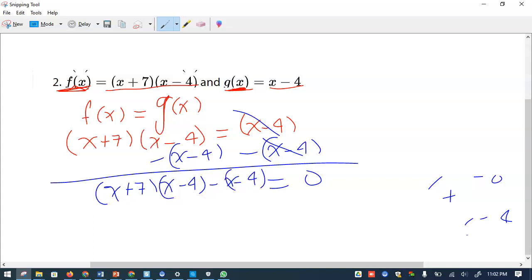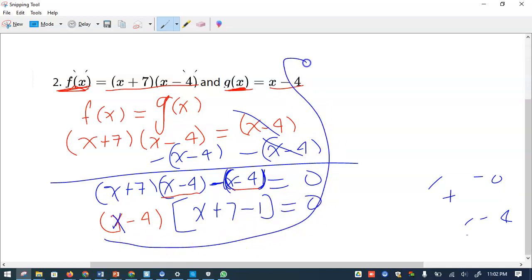This time you undo the distributive property. There is this x minus 4 right here, so you take it out as the greatest common factor. What's remaining is x plus 7, and when x minus 4 is pulled out of the other term, what is left is only minus 1.